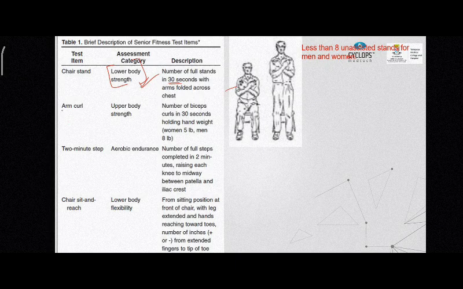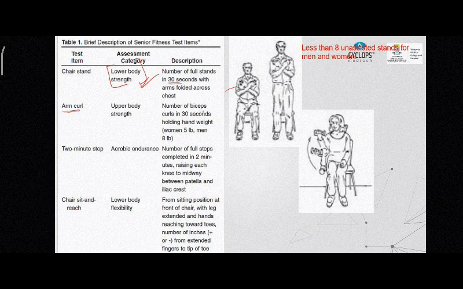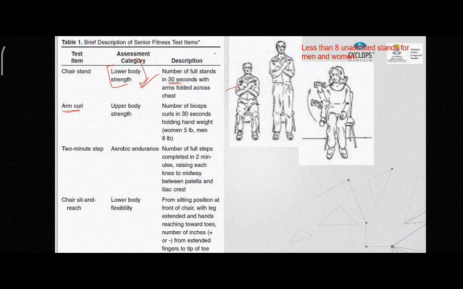Okay, so coming to the next part, this is the arm curl. We will ask the patient to lift a weight and do an arm curl. For men, we will give 8 pounds, and for women, we will give 5 pounds of weight, and we will see how many curls he or she can do in 30 seconds.